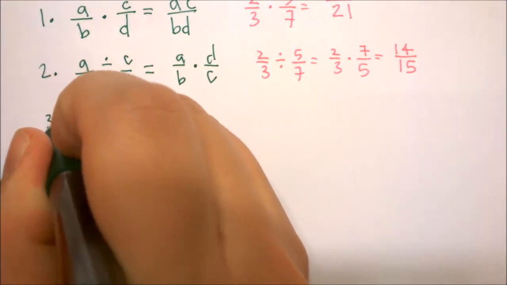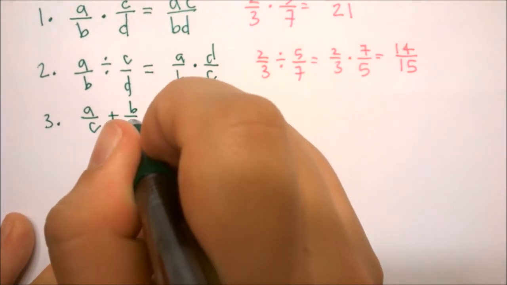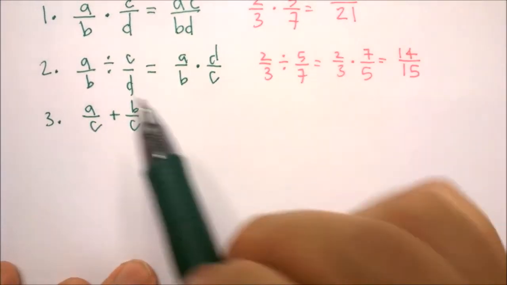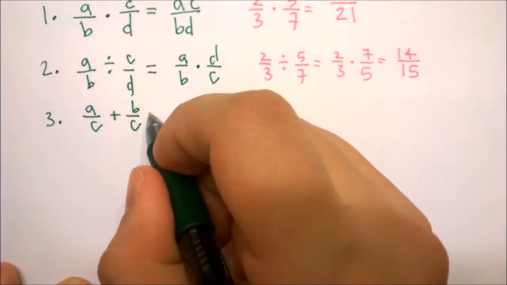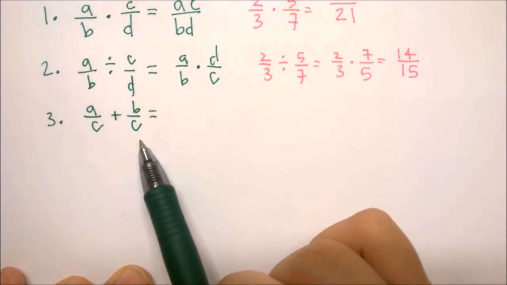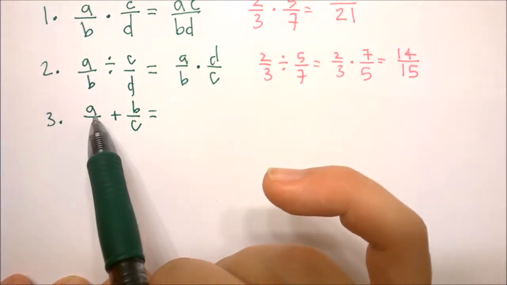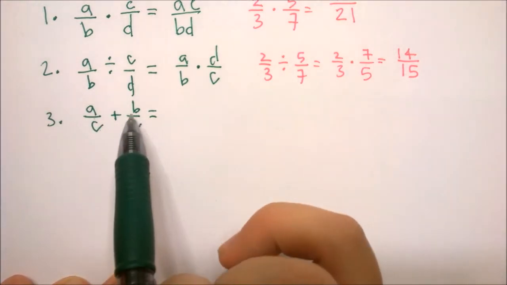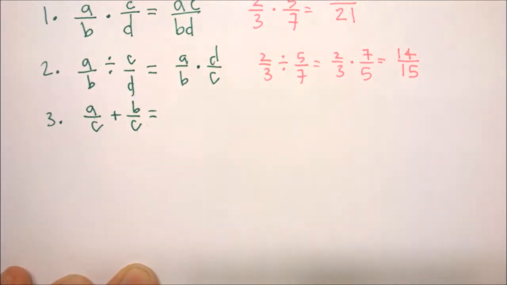Third property is going to be a over c plus b over c. Now notice that this denominator is the same. So what we do when we are adding is if we already have a common denominator, we just keep that denominator, because if, say, I have a slices of pizza and my friend has b slices of pizza out of a total number of c slices of pizza, then we're not going to add our total number of slices up.